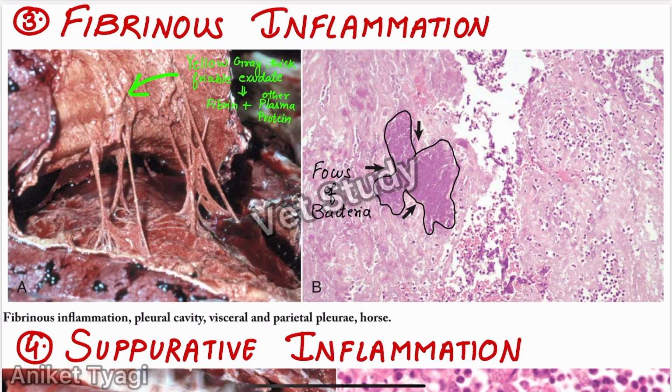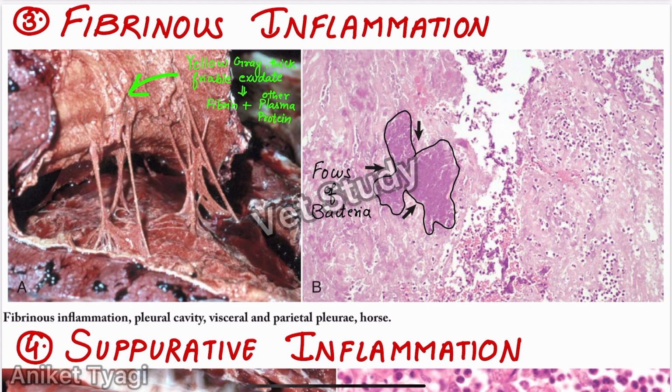In fibrinous inflammation, basically the term fibrinous inflammation is used to describe a pattern of acute inflammation in which you will see the tissue response consists of accumulation of fluid with a high concentration of plasma protein. It is not like serous inflammation, in which a low concentration of plasma protein is present. In this there is a high concentration of plasma protein, okay.